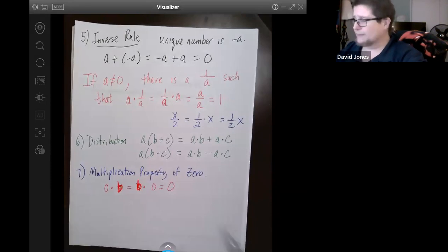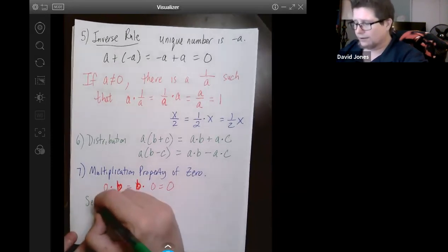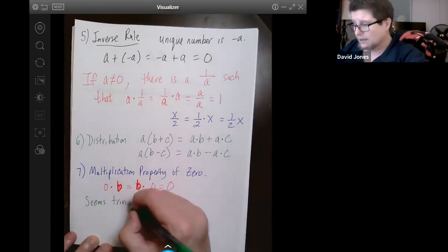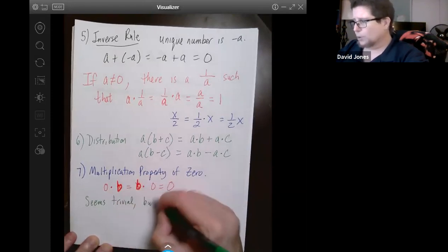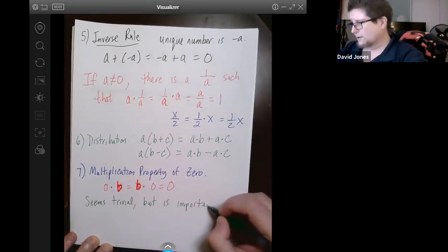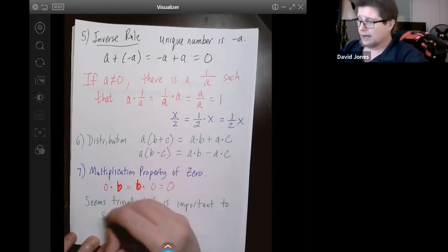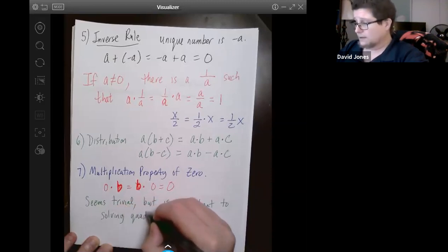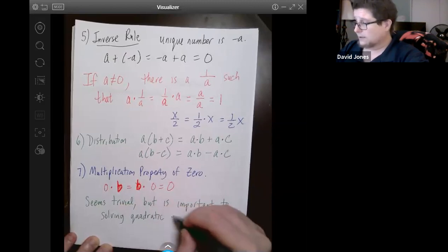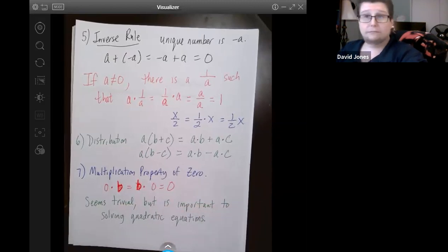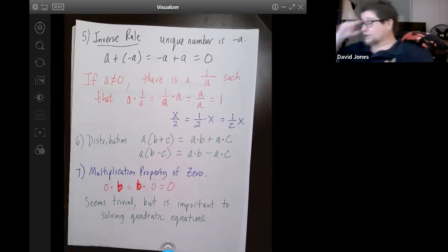This seems trivial, but it is important to solving quadratic equations. And we'll bring it up later. It's one of the main ways we solve quadratic equations. Quadratics have square terms in them.